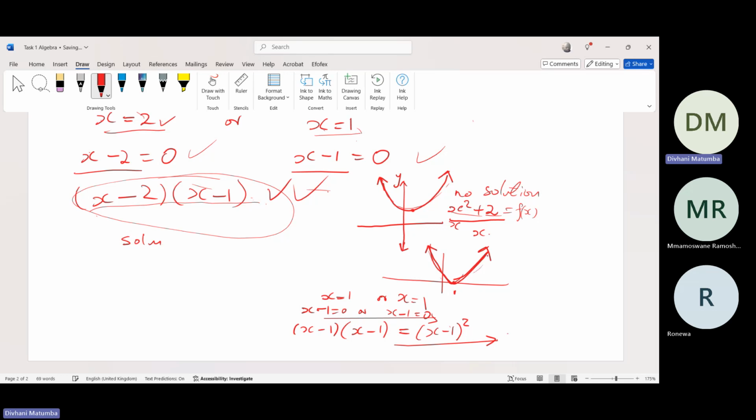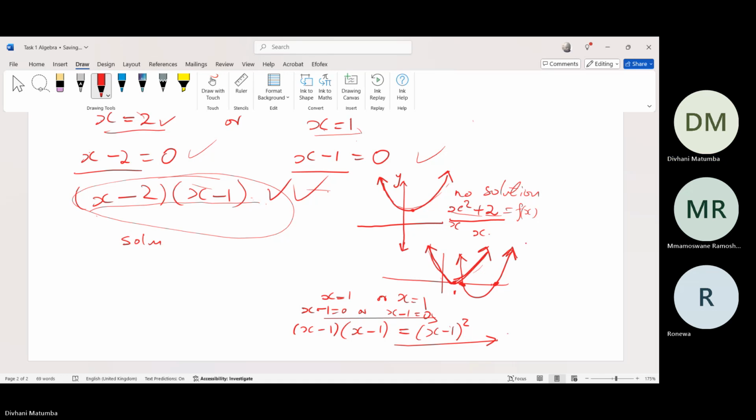All of them. They only have one solution. And then when your graph digs deeper, like this one, it will cut twice. So if it cuts twice, it means it has two solutions.